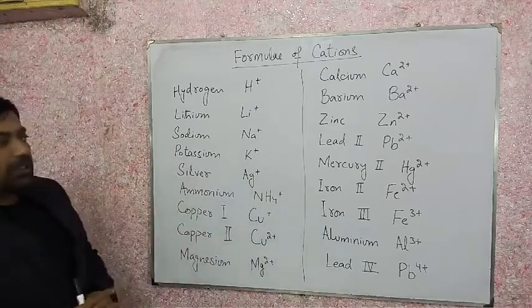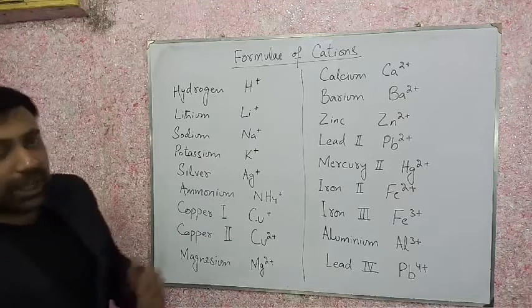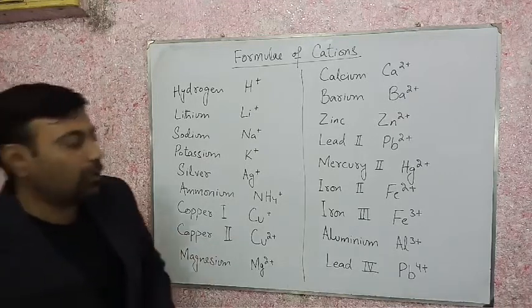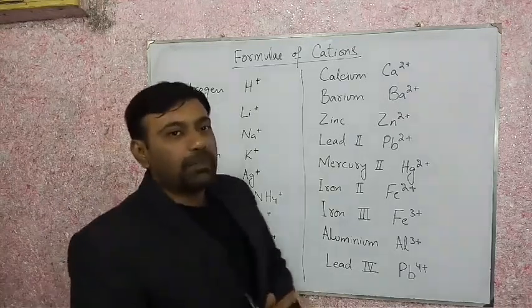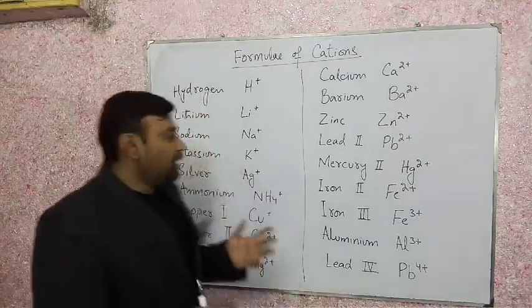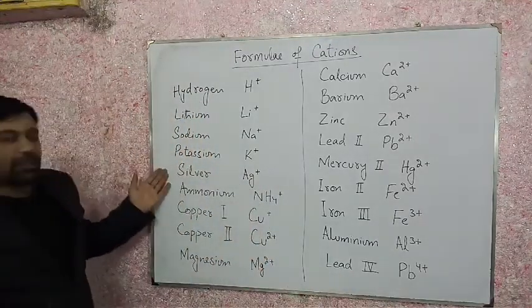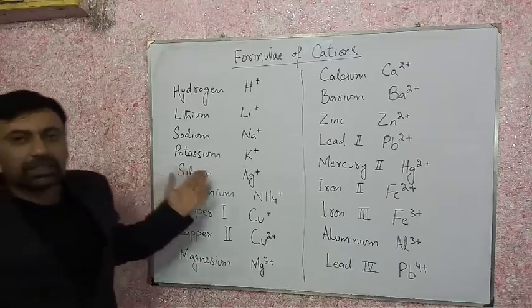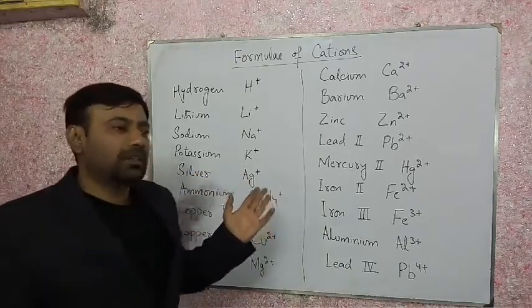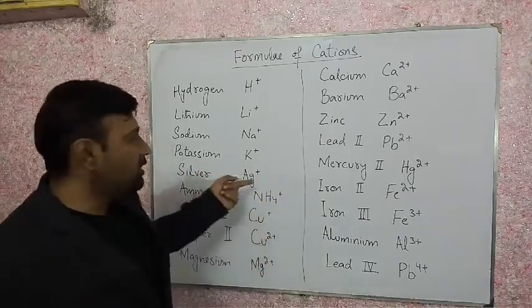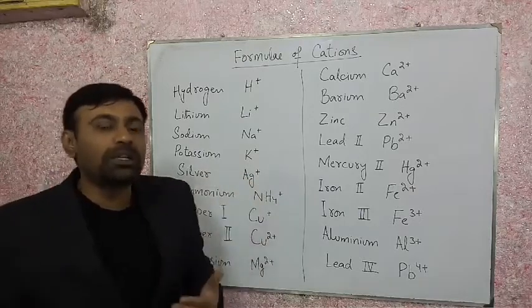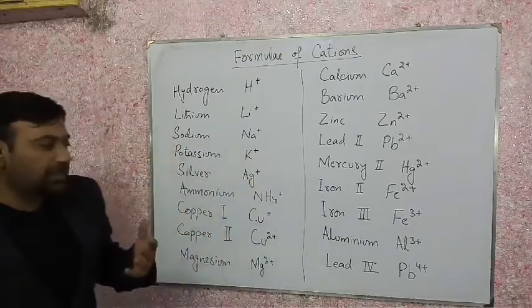But there are some other cations whose charges cannot be predicted by looking at the periodic table or their names, such as silver. You cannot predict the charge on silver because it is not in group 1, but it still has a charge of +1. So you have to remember that. You have to learn that.